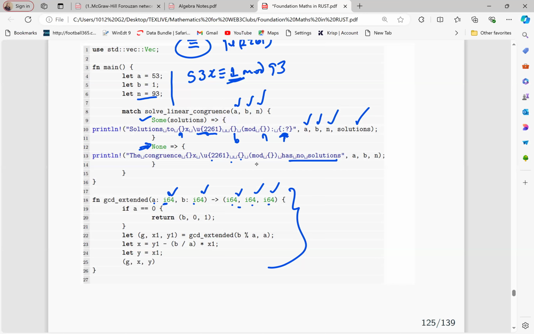Now, what is this? This just means that it's giving us the value of the result.